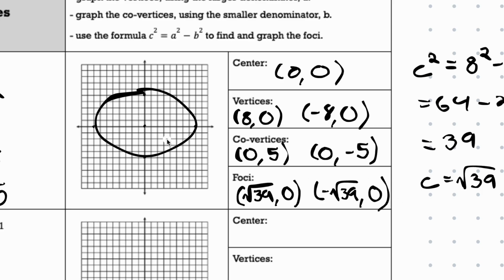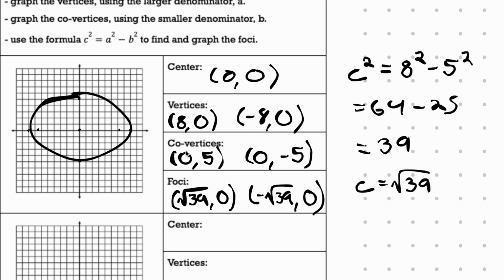And so that should be somewhere around 6, a little bit more than 6. Maybe here. Maybe those points. Something like that. Okay.